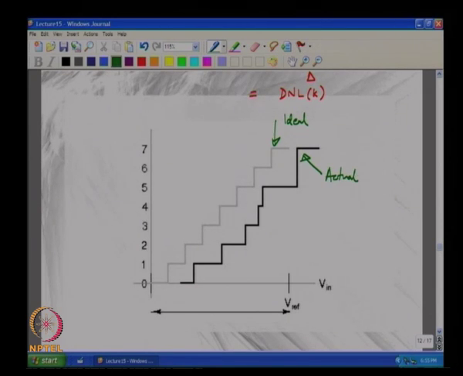Now, the question is, if you measure an A to D converter and it has this characteristic, you would want to specify to a customer what V offset is, what gain error he or she can expect, the DNL and the INL, correct. So, any suggestions on what I should do?